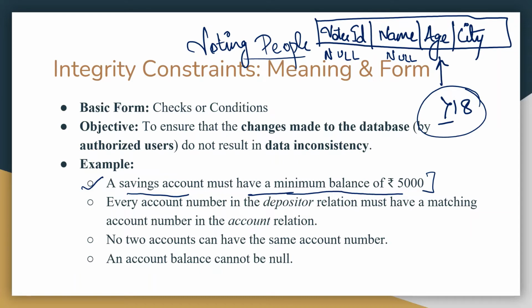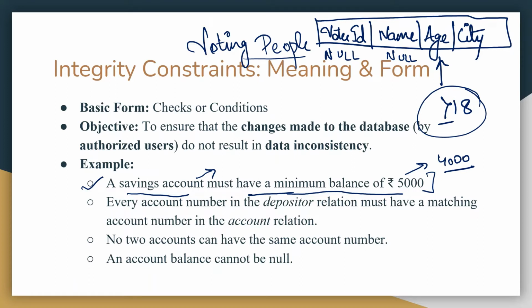It will help the employees doing the data entry: whenever the person tries to enter the record of a person who has a minimum balance of, let's say, 4,000, the entry will not be allowed from the database end, because an error diagnostic will be generated stating that that kind of data entry is not allowed because the minimum balance limit is 5,000.